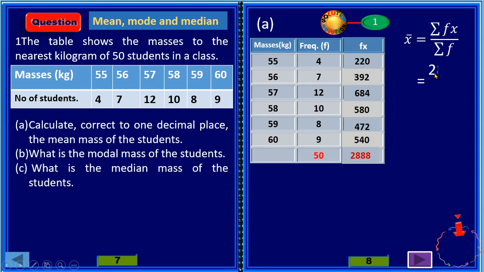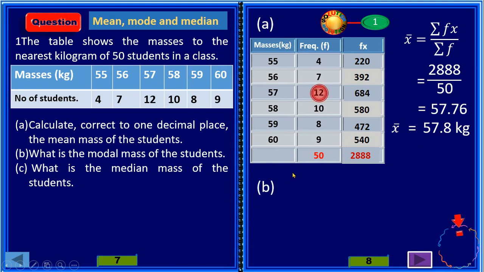And that will give us 2,888 divided by 50. Using calculator, we can divide this. And that will give us 57.76. And the answer finally will give us 57.8 kilogram to 1 decimal place. That gives us the mean mass of the students.